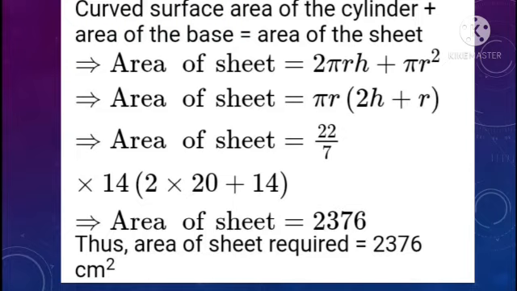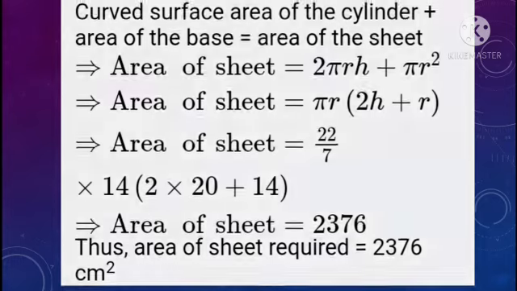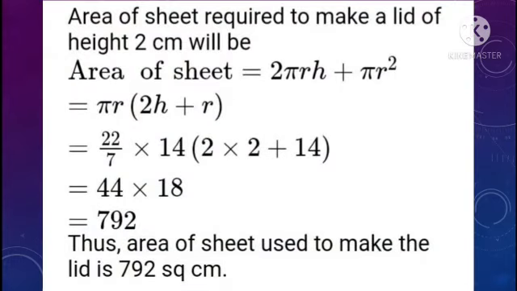Area of the sheet is equal to 22 upon 7 into 14 into bracket 2 into 20 plus 14. So when we simplify, we will get area of the sheet is equal to 2376. Thus, area of the sheet required is equal to 2376 centimeter square.